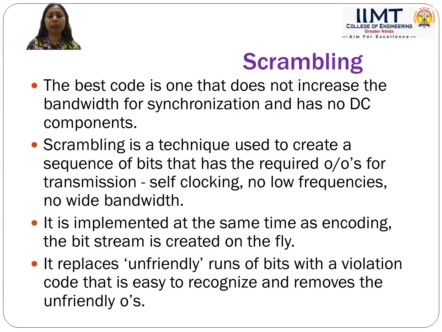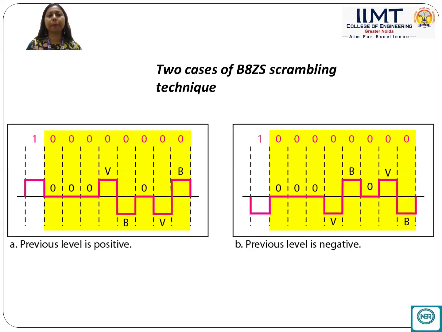And how is this possible? We can see here there are two types: bipolar 8-zero substitution and scrambling. Here we can see that if there are continuous zeros in our data, it provides low frequency and creates problems during transmission. That's why the continuous zeros can be represented by this technique.